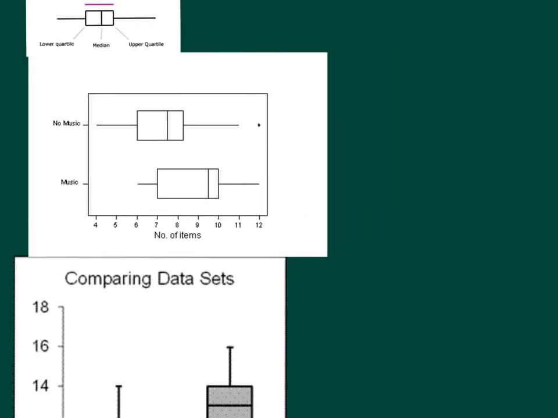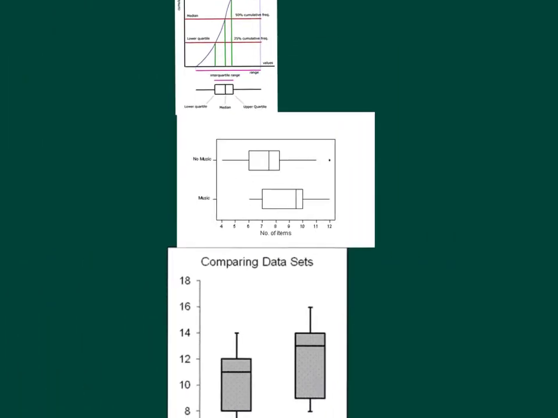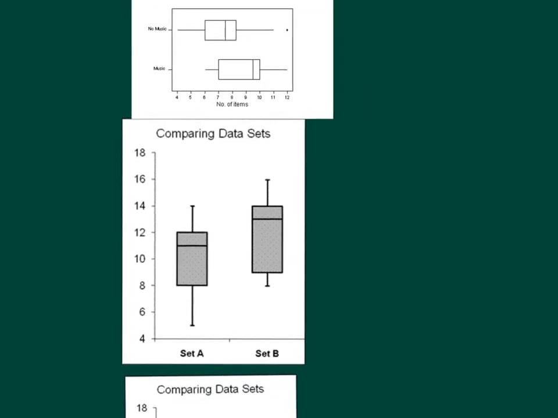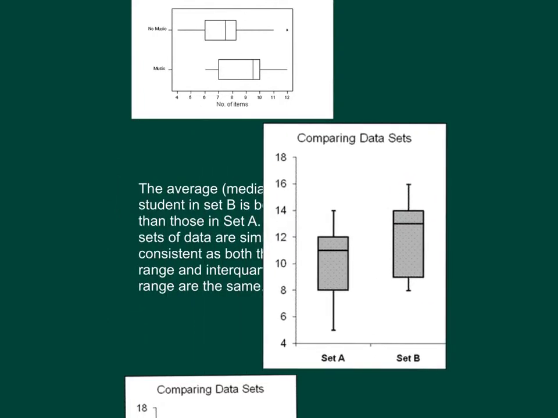So we're comparing 2 sets of data again, and for these 2 sets of data, we were just talking about the difference between students in set A and students in set B. If I was asked to compare those 2, I've done my statement again.